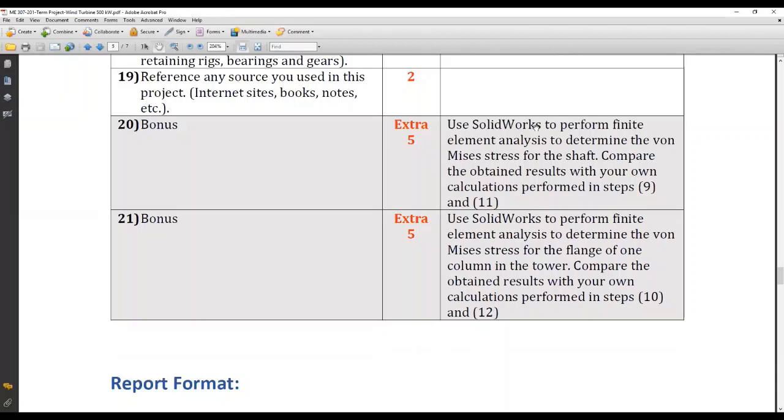If you go to YouTube and search for SolidWorks stress analysis, you will find a lot of nice simple tutorials that will explain how to do this. And if you do this, you will be a step further into being a professional stress analyst or a mechanical engineering designer.